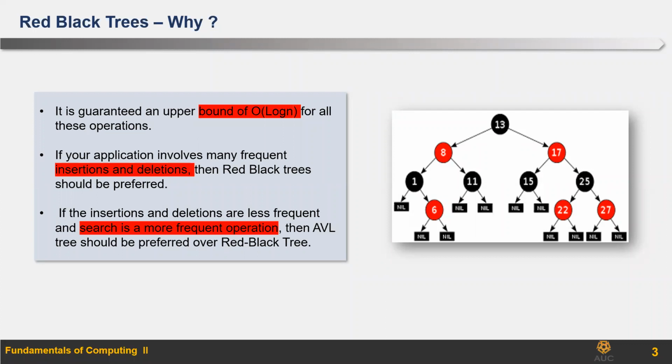in AVL, whenever there is a violation, which means that the balance factor is not 1, -1, or 0, this means that the tree is not balanced. So I should do rotation. In the red black tree, there is only one case in which I will do rotation. Other than this, I can do recoloring. What is meant by recoloring?